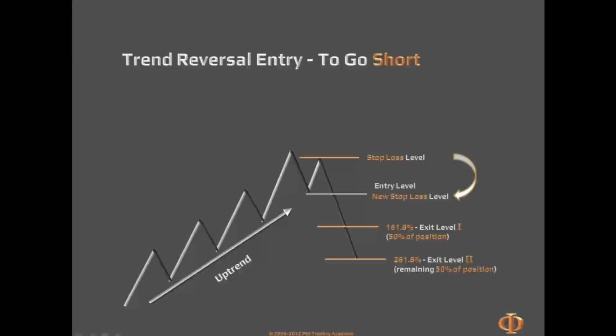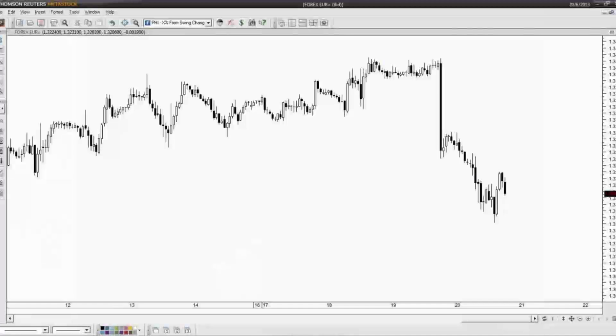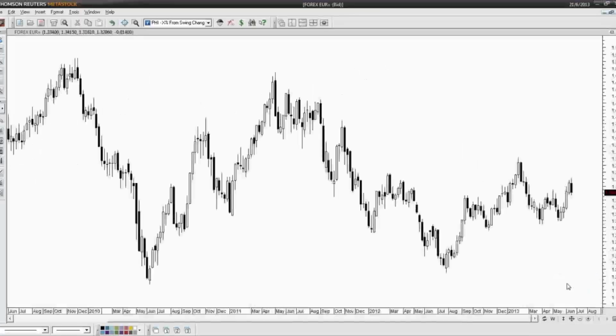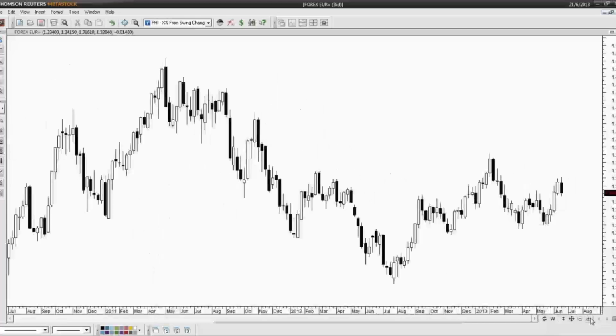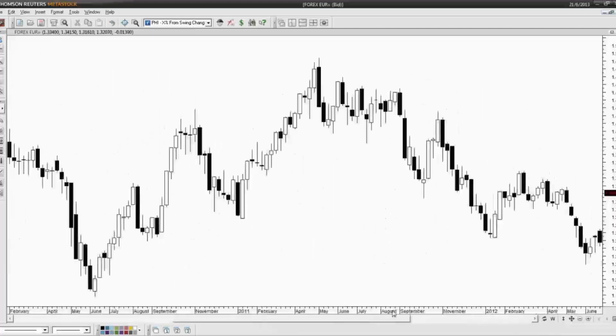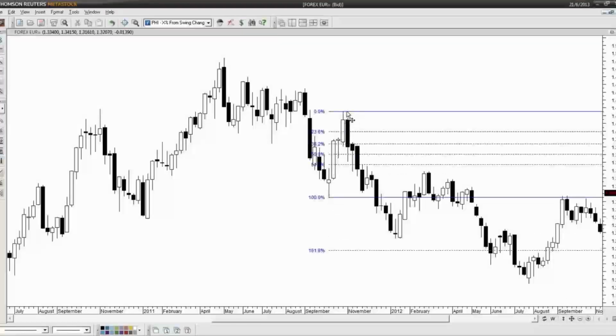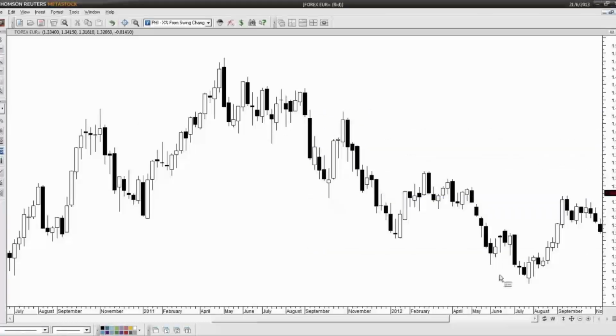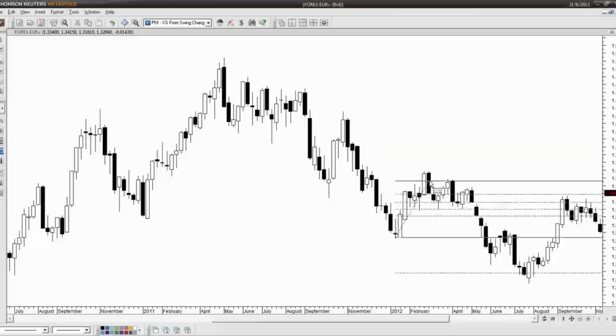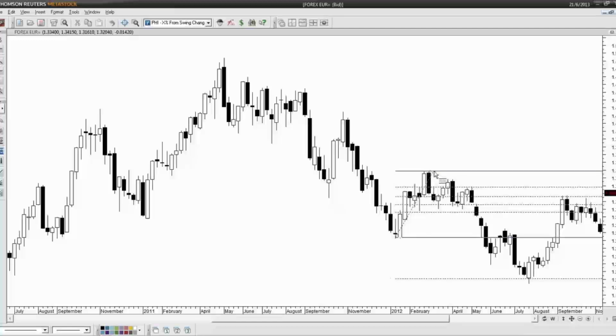It will work as well as it works on the higher time frames. But as with everything that you use, on the higher time frames the moves are clearer. You see, it's much easier to find the bottom and the top. It doesn't need much experience to find the bottom and the top.